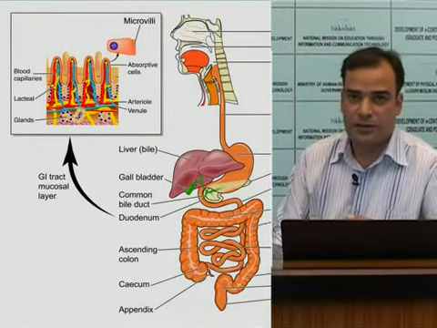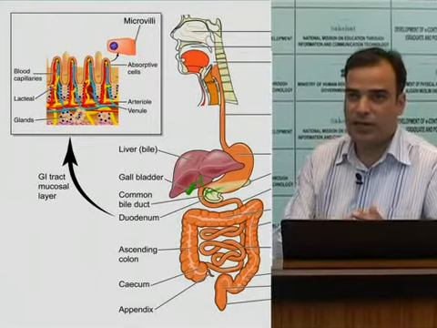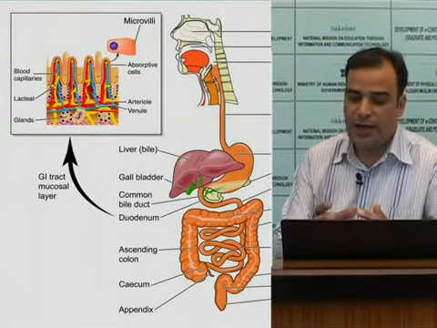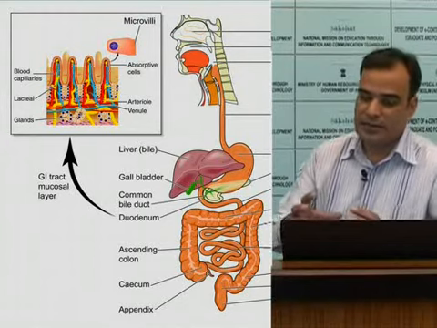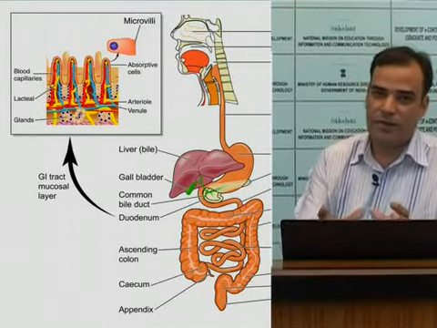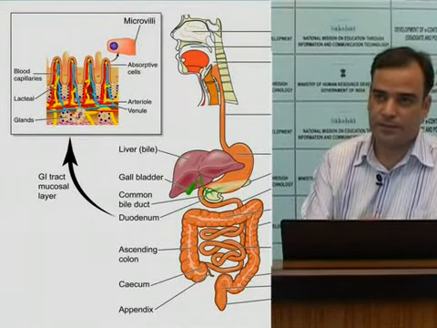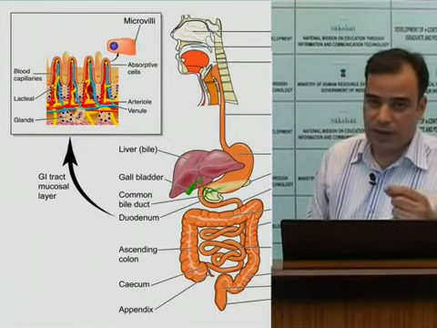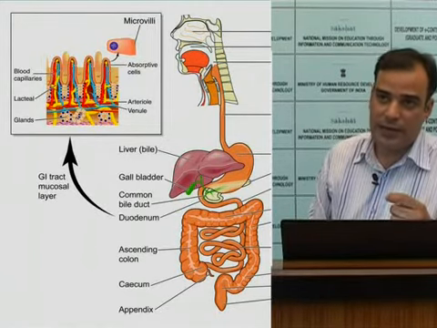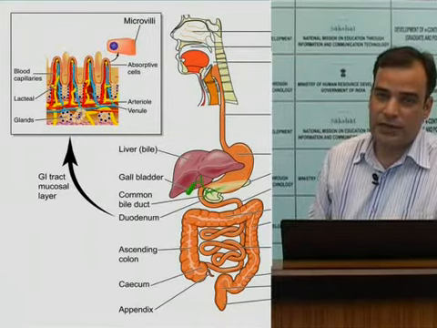Every part of digestive system has an anatomy, and this anatomy or this structure is according to the need of that part. Whatever is the function of that part, it has been given that type of structure, that type of anatomy. This tube that extends from the mouth to anus is also called as alimentary canal or gastrointestinal tract.